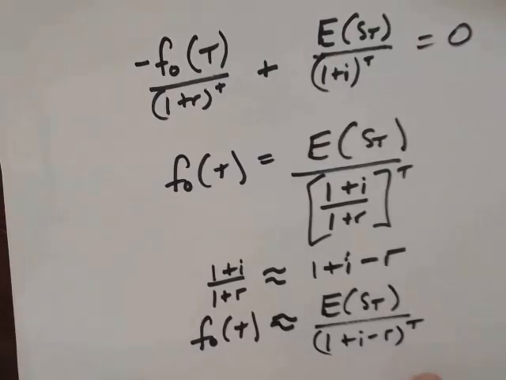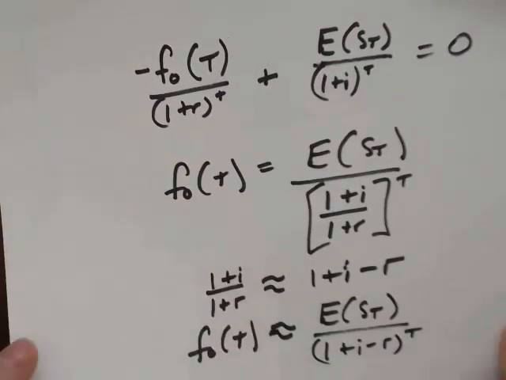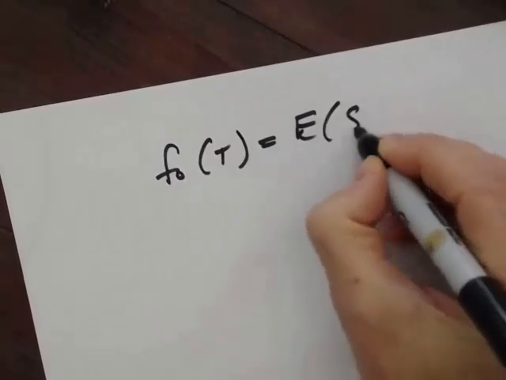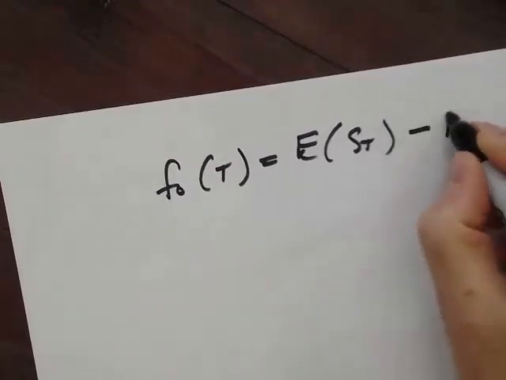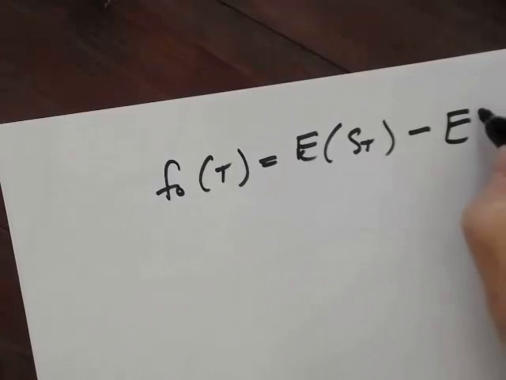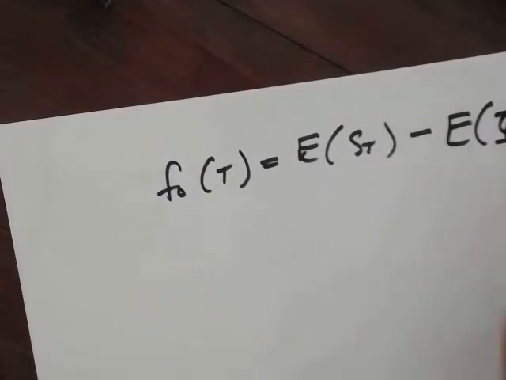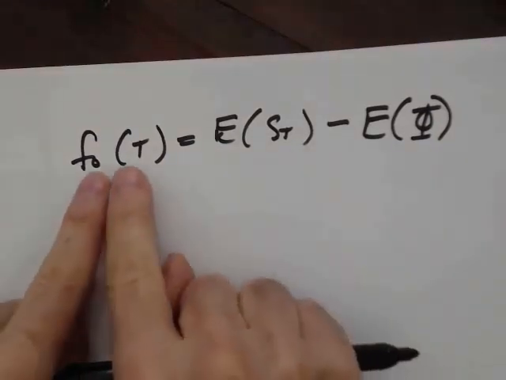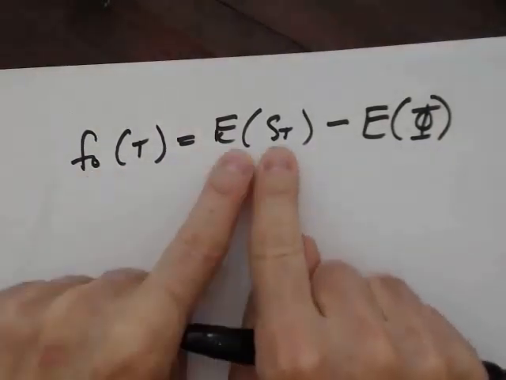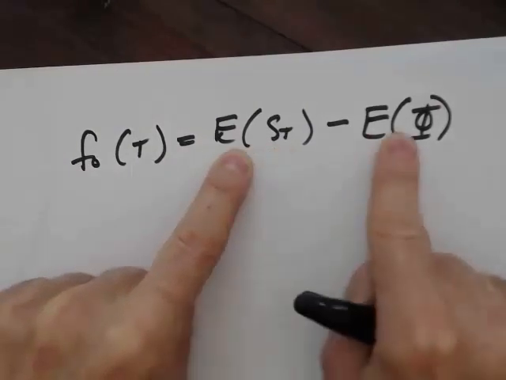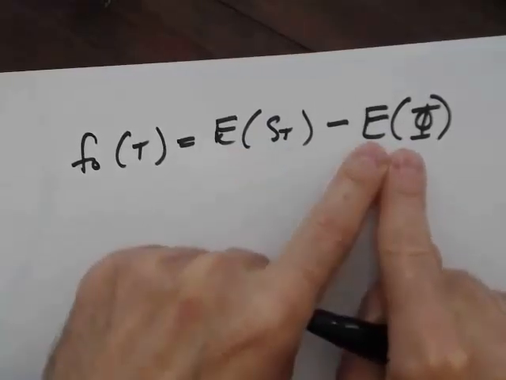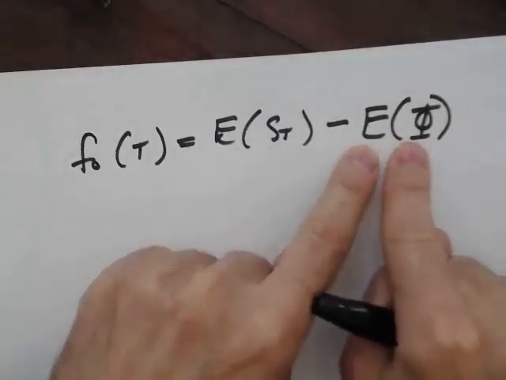So what you're seeing here is what it boils down to. The futures price today is equal to the expected spot price minus a risk premium. And your book denotes the risk premium as such. Okay? So what we're saying is, look, this futures price depends on what the spot is expected to be minus a risk premium. And what's the source of the risk premium? That's important to know. Where did this risk premium come from?